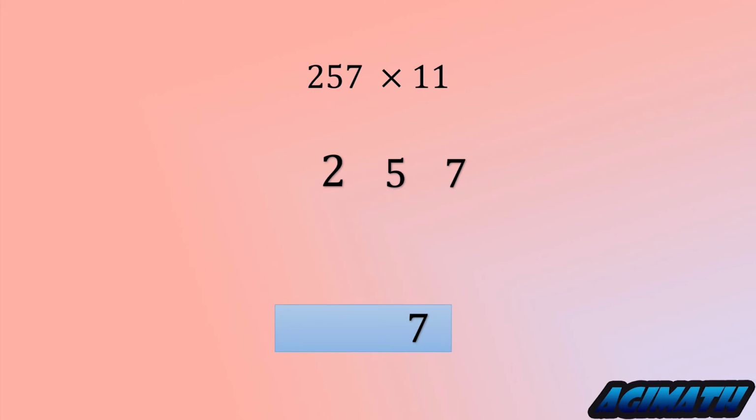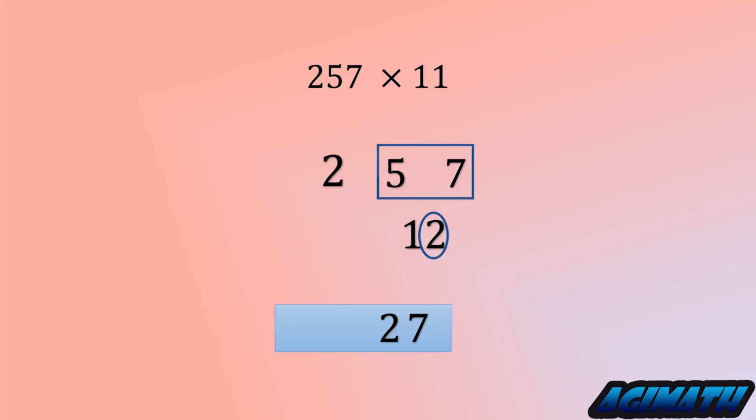And then we form pairs. 5 plus 7 is equal to 12. If the answer is more than 10, we do not write that sum directly. Instead, we just get the digit in the ones place, or the units digit, which is 2. And we write that 2 on our final answer.